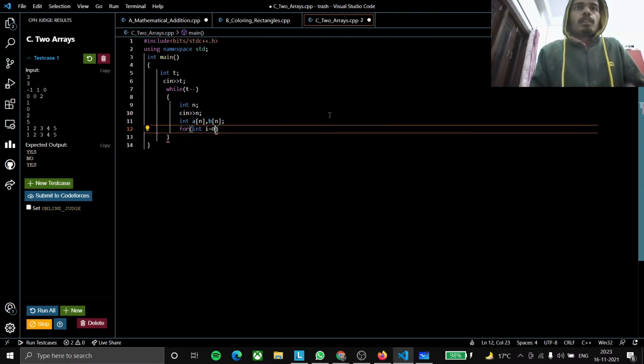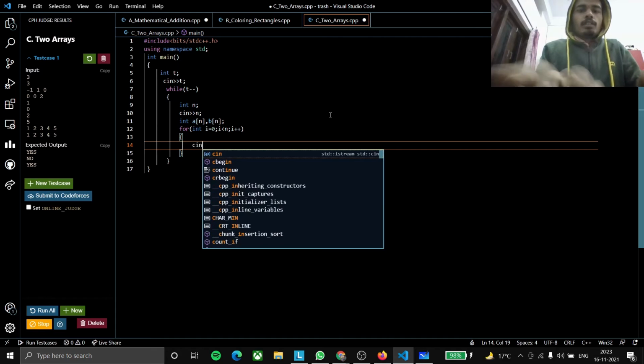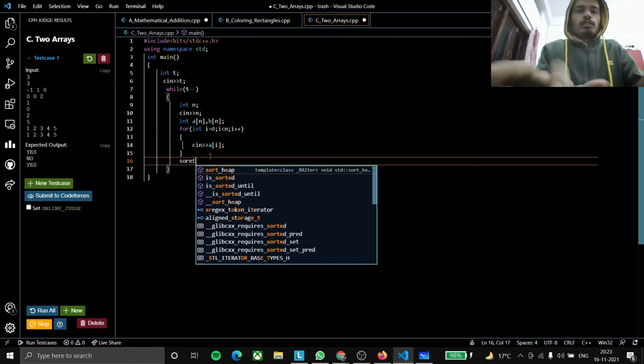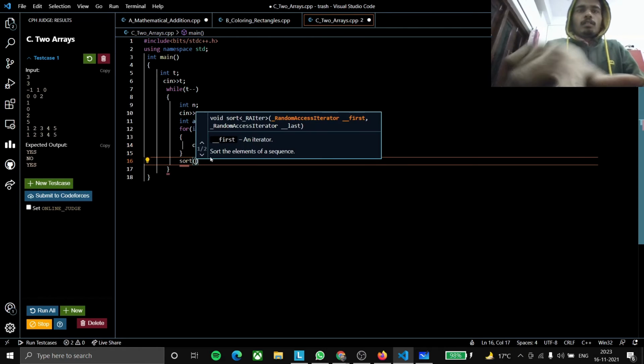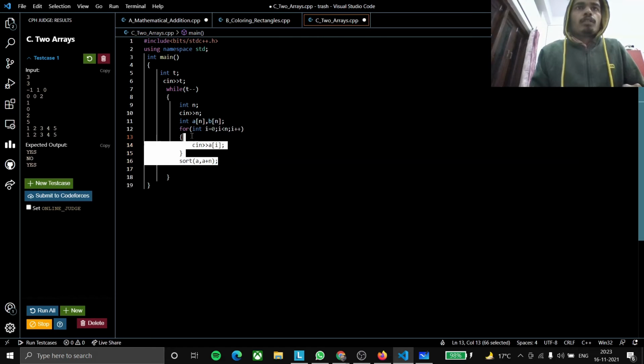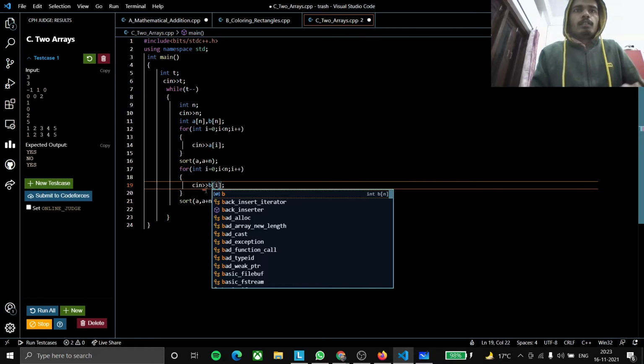For int i equal to 0, i less than n, i plus plus, we input a of i, and we sort a. Now the same procedure is done for b as well.